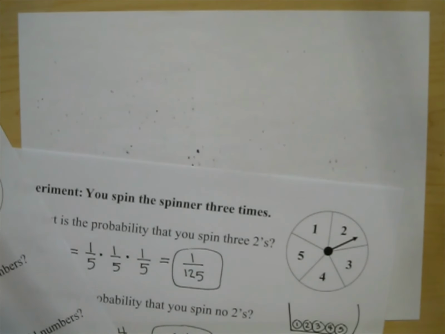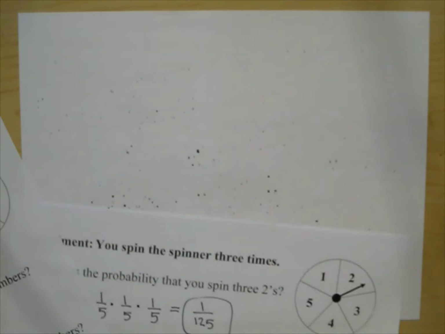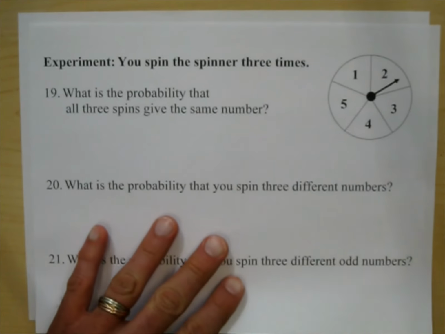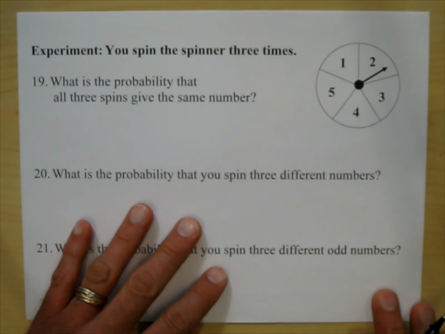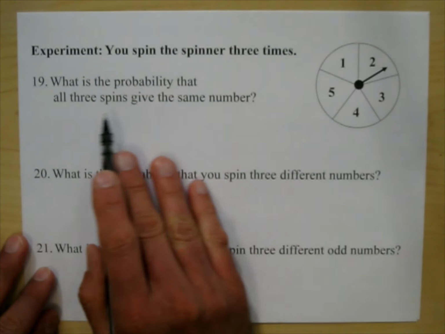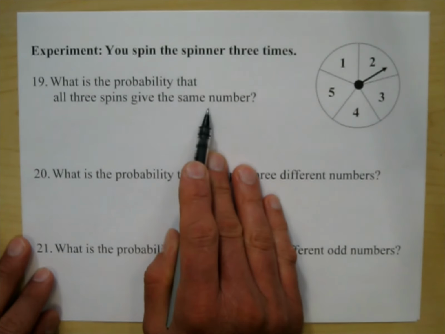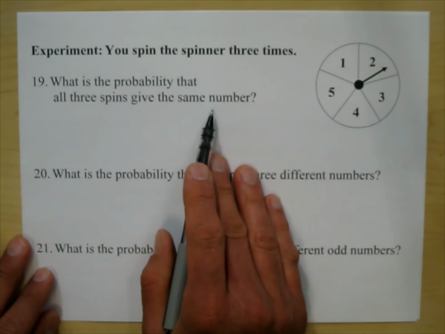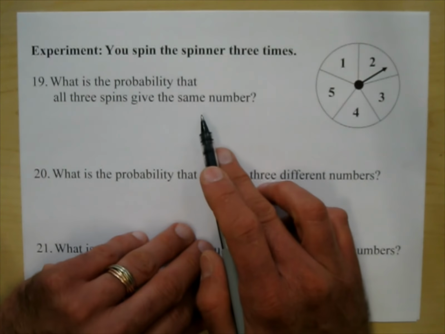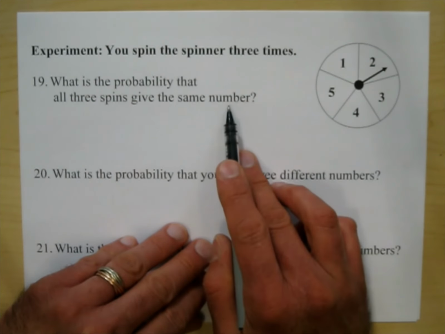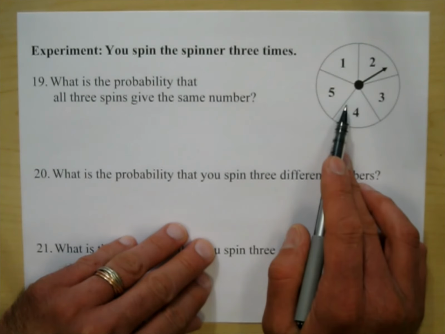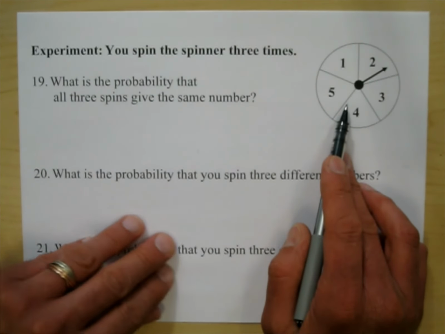Okay, so let's take a look at the last three problems of this lecture. What is the probability that all three spins give the same number? So this one's going to be a little freaky. Okay. All three spins give the same number. Now I could draw the box and put the marbles in there and say three times with replacement.